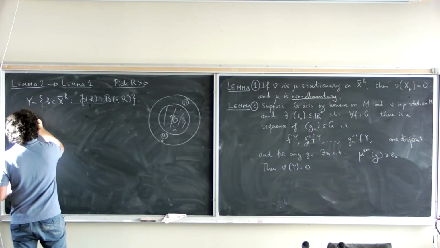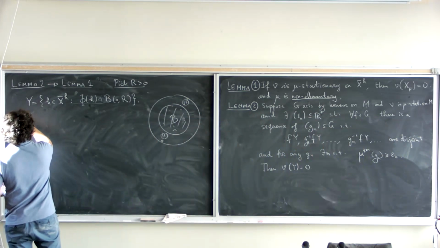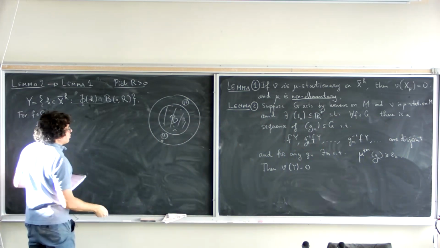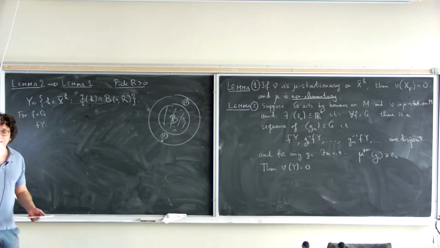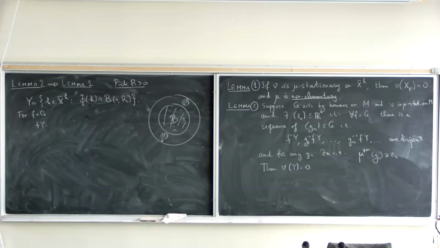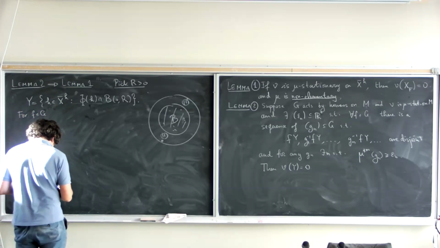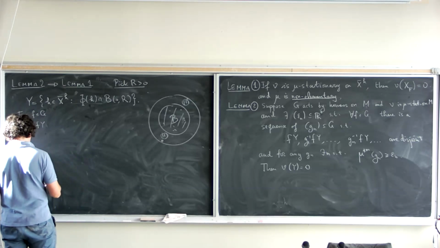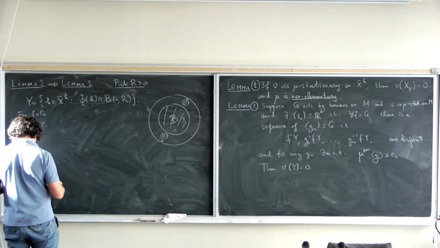So for f in G, what is f y? Well, it's another ball. It's still a bounded set, because we're just moving it by f. So that's not a big problem. So what do you do precisely?